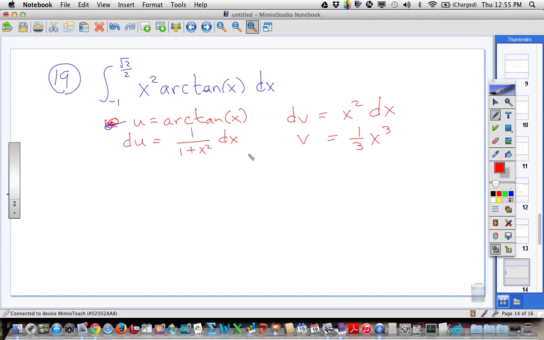So we've got u times v, so that would be 1/3 x cubed arctan x, minus the integral of v du. All right, so the 1/3 I can just put in front. And when I multiply x cubed times this fraction, how should I write it?